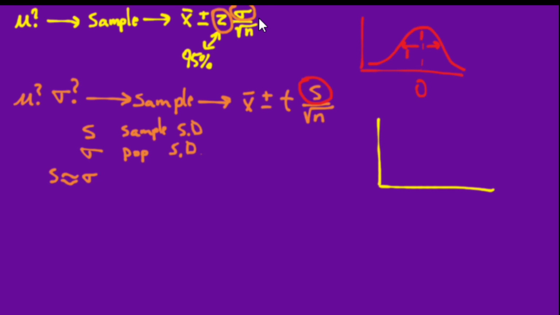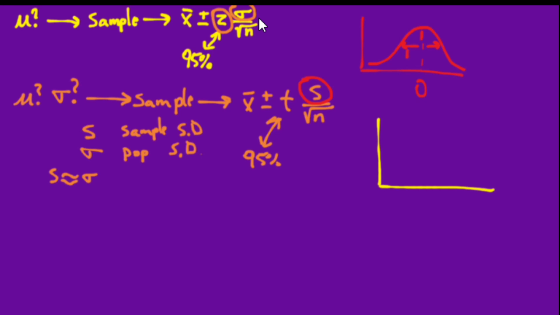We're still going to need to decide if we want 90 or 95%. We're going to look that up on a slightly different table than the Z table. We're not going to look it up on the Z table. We're going to use the T table.